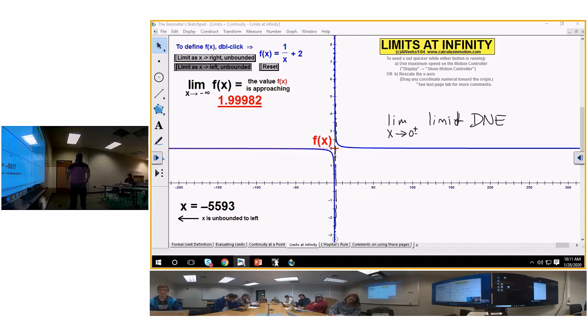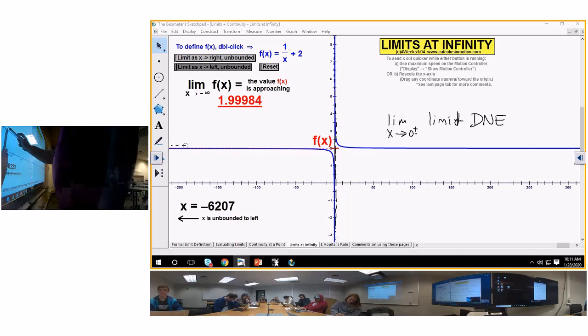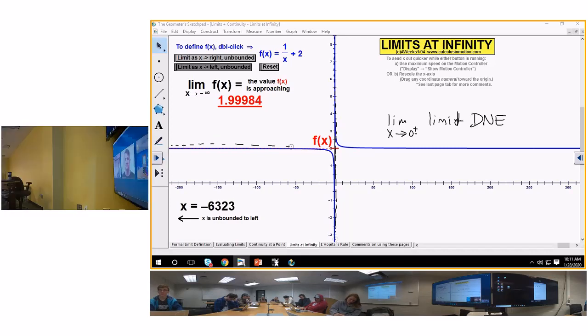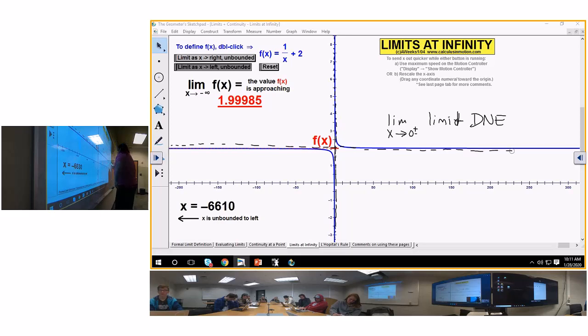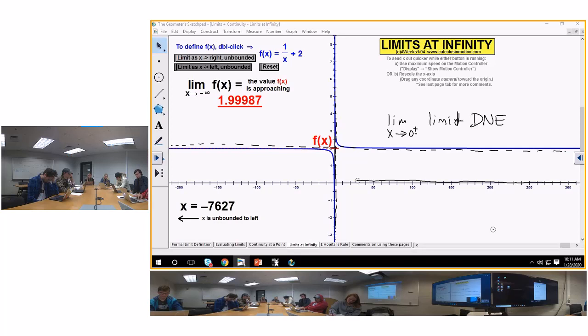You never touch it. Actually, you never touch 2 either. That's the horizontal asymptote. But when we're talking about x, as x approaches from the right, it doesn't touch, and then it takes off.